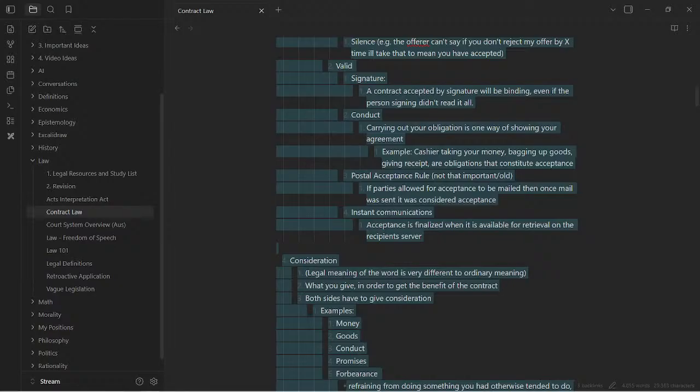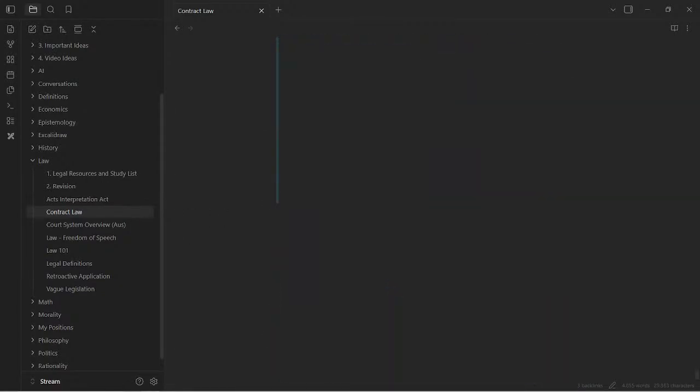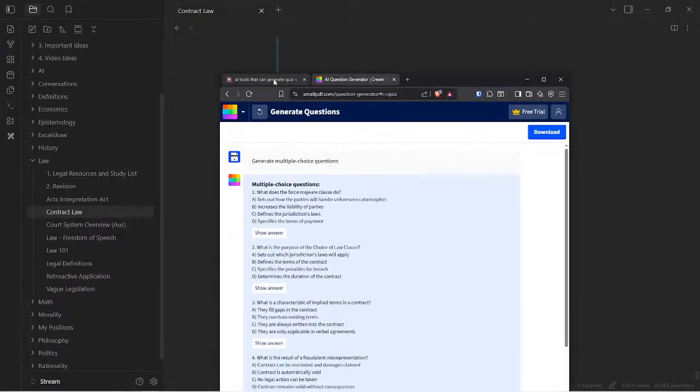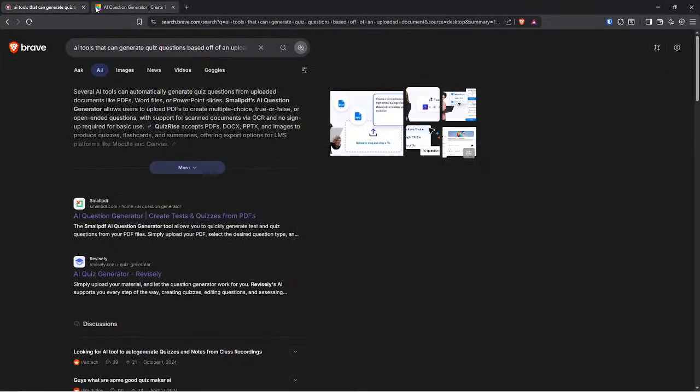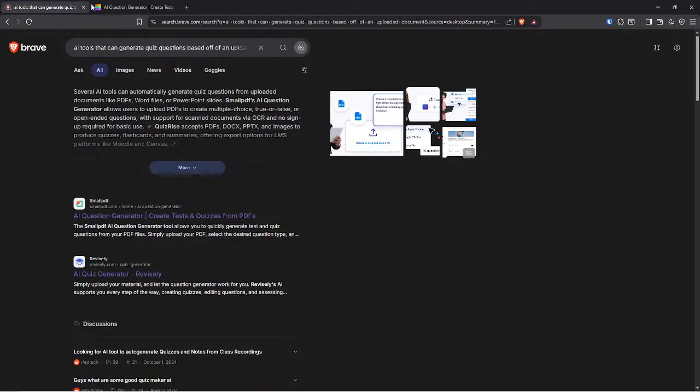No. Multiple choice. Oh, it's reading ACC remedies. Has it gotten the start? Yeah, it has gotten the start. All right. Hold on. Save. Close.